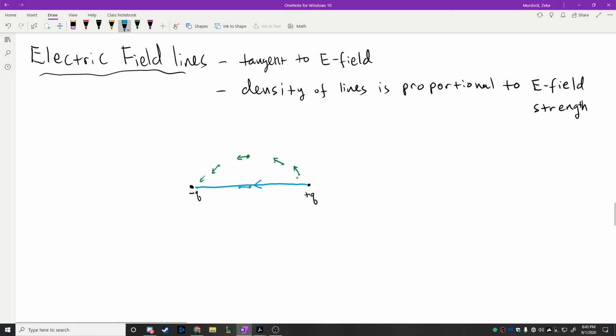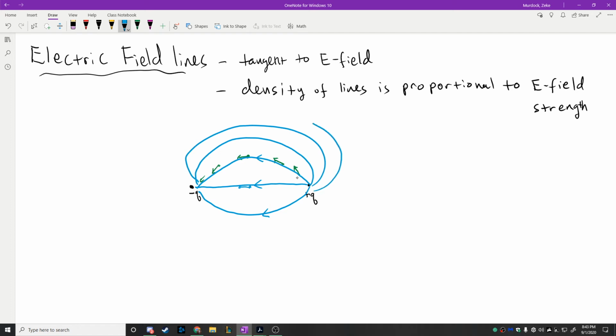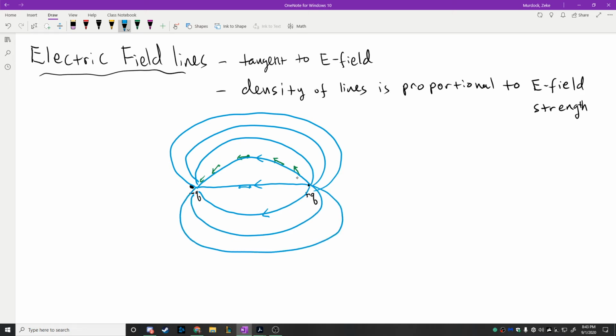All told, when I add those together, and you can do this for yourself, I get a smooth line that's going to basically go from there to there. And the exact same thing is going to act on the opposite side. And you'll keep getting lines like this, looping around like this. I'm not really doing a great job of this, but it's kind of hard to do. And this is going to be kind of like what your electric field's going to look like if the two charges have exactly the same sign.